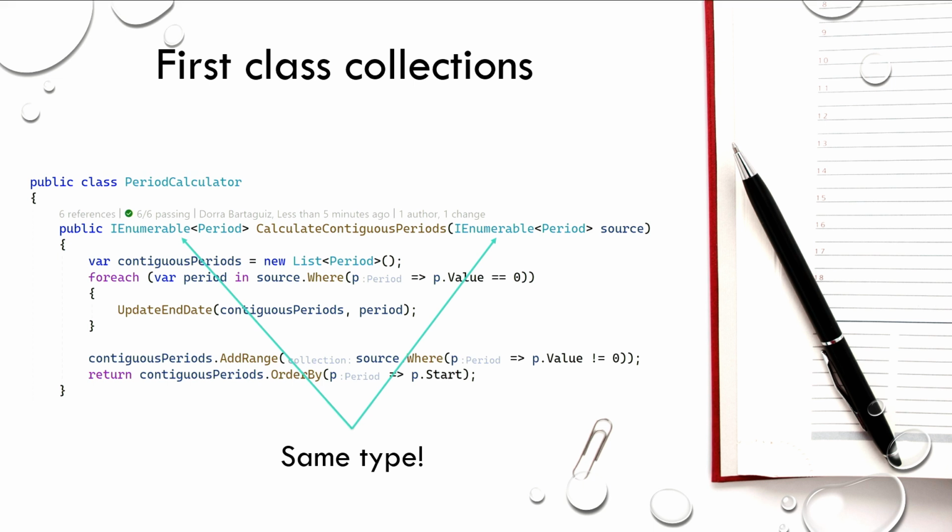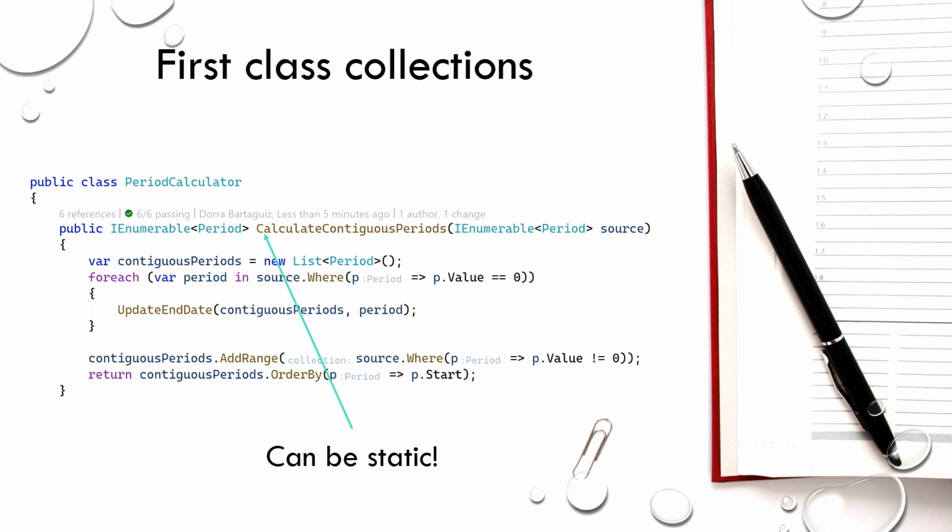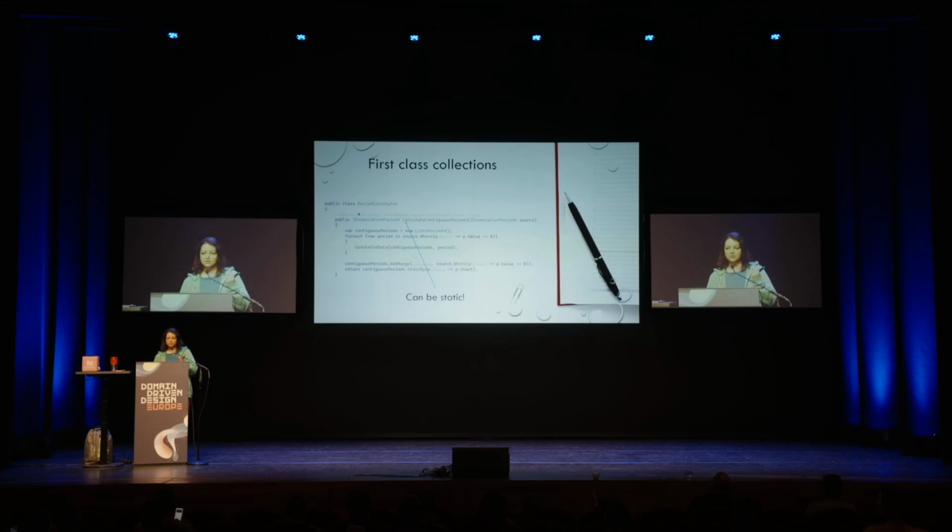And the second one is that this method can be static because it's not using any external dependency or field. These two smells can help you to say, okay, perhaps this method is not in the right place.